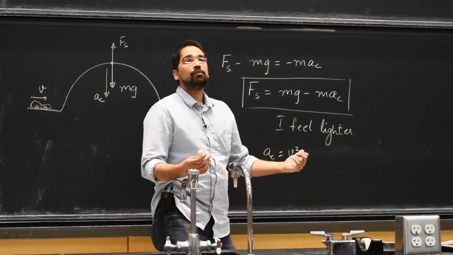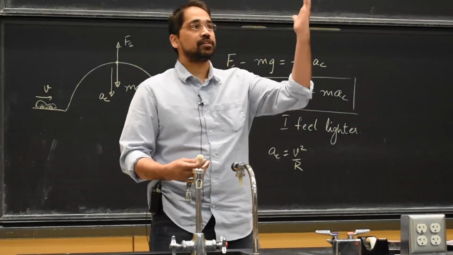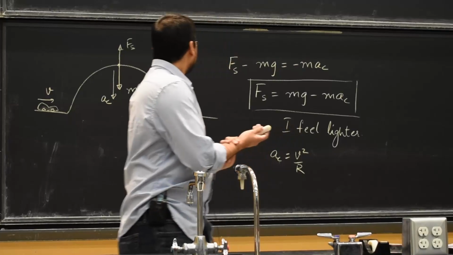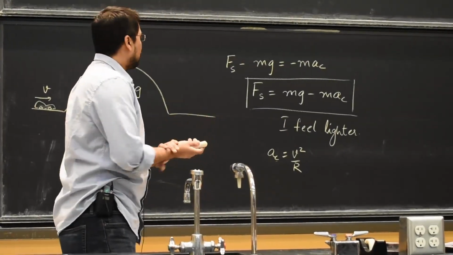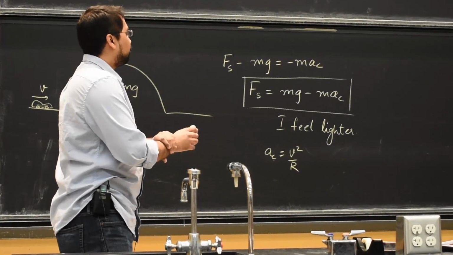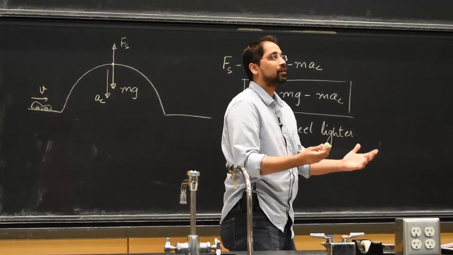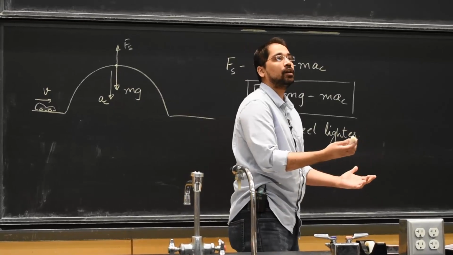And at that point I feel weightless. There is no normal force. I just go flying off the hill. I've lost contact. So this can be a far more dangerous situation. But assuming we are not going terribly fast, I would feel a little bit lighter at the top.